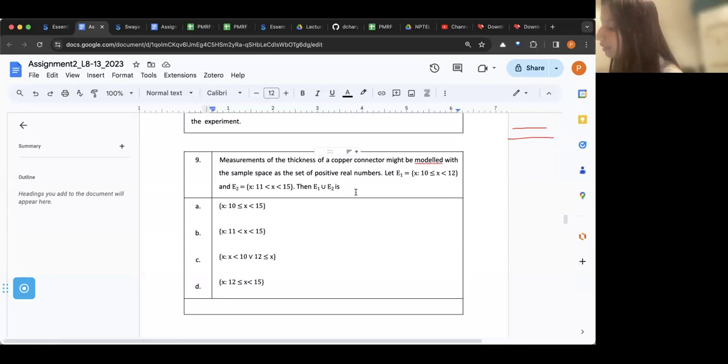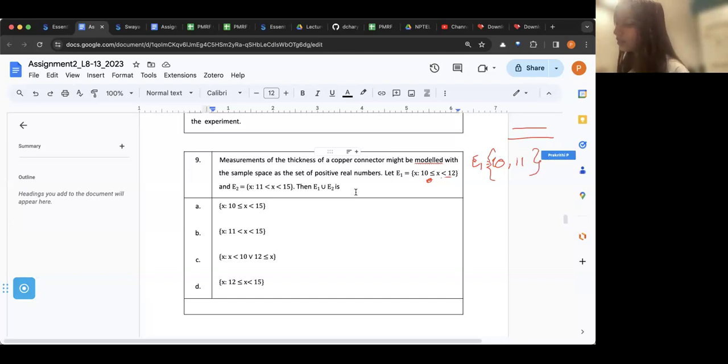So let E1, event 1, be defined as X such that X is greater than or equal to 10 and less than 12. So E1 includes 10 because there's an equal to here. So it's 10 and 11, and X is less than 12, it's not less than or equal to 12. So event 1 is just 10 and 11.